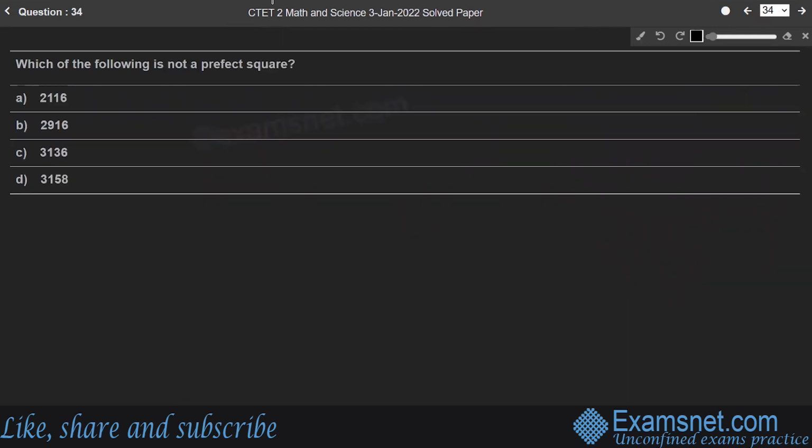Question number 34. Which of the following is not a perfect square? So, considering the first option, 2116. To check whether the number is a perfect square or not, we are using the factorization method, one of the methods.